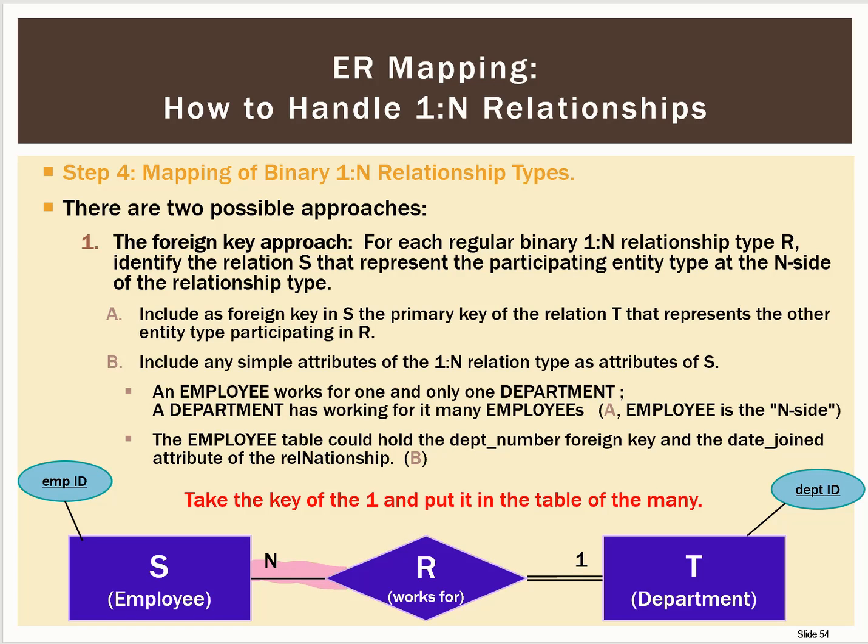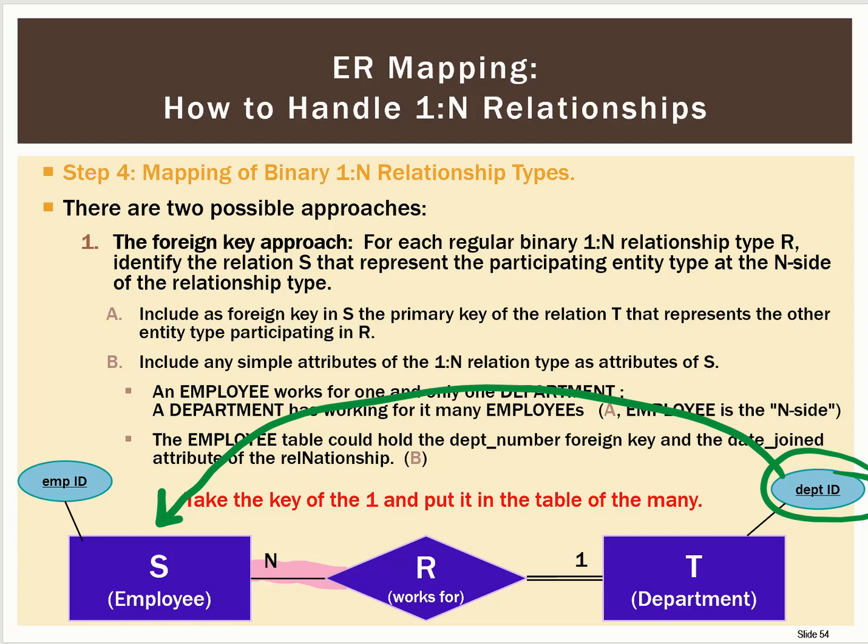Perhaps there's the CEO of the company and the CEO has no department. So when you have partial participation, we already know that we're going to take the key of the one and put it in the table of the many. When we put department ID in the employee table, it will be a foreign key. That much we already know.